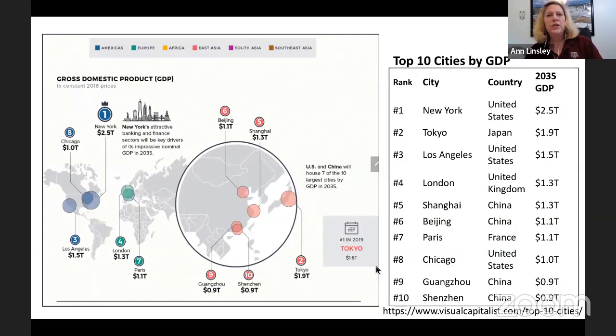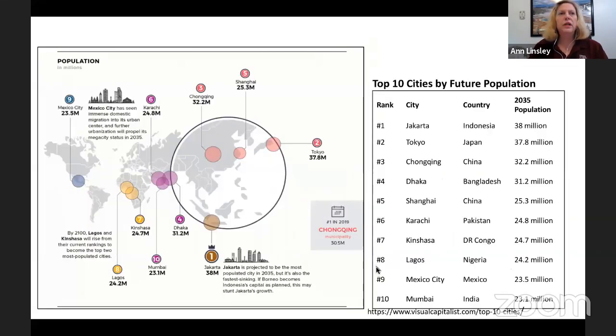Paris, some of the older cities are in there, but pretty much all the United States, traditional Western Europe, and then also China, your coastal edge of China, as well as Beijing. If we look over here at population, top 10 cities by their future population. Now in here, Jakarta is expected to be the largest city by 2035, Jakarta, Indonesia, the capital.